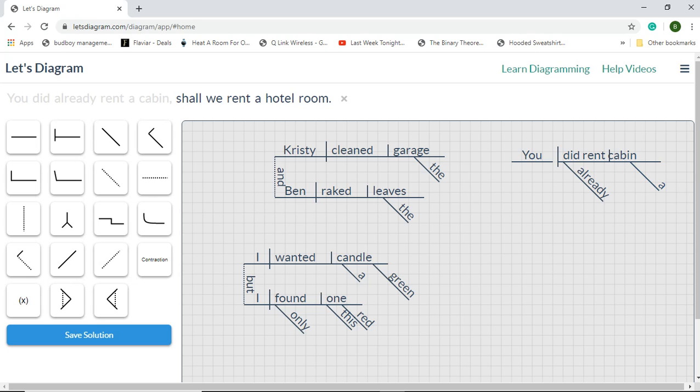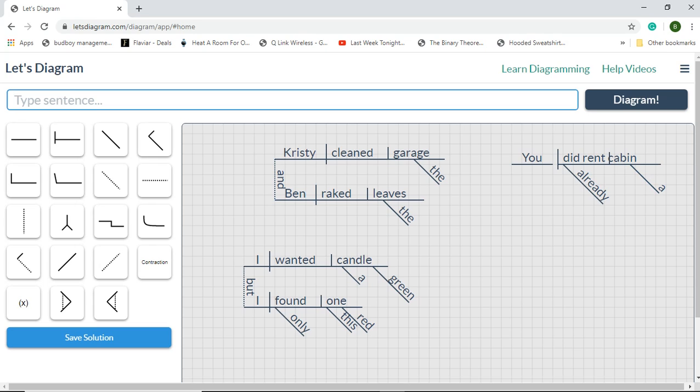That right there. So what connects? Oh, I'm missing a word, you guys.